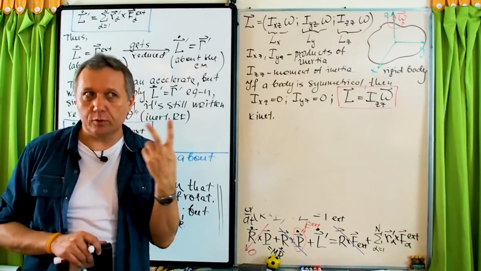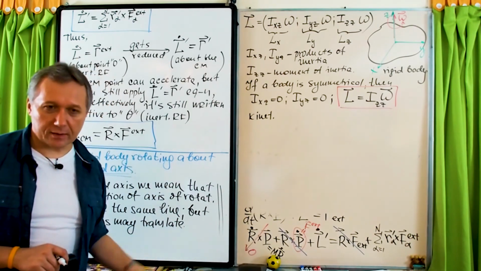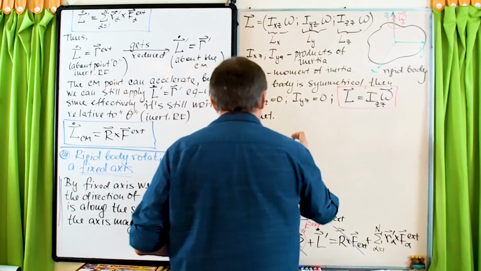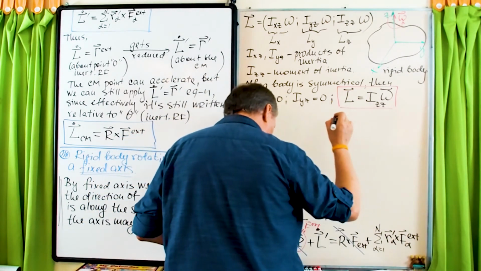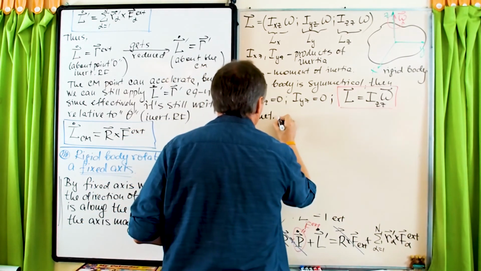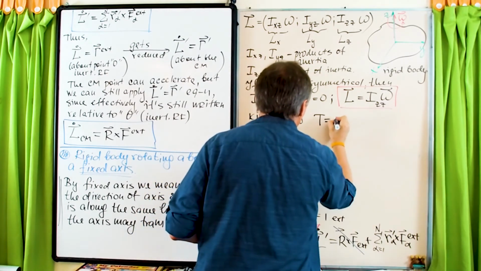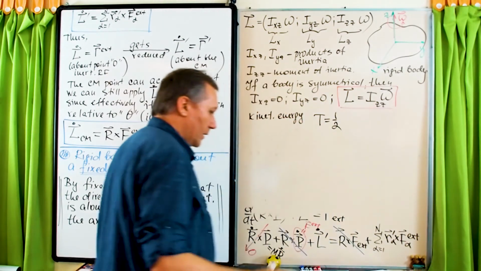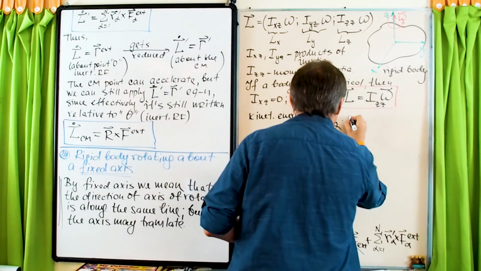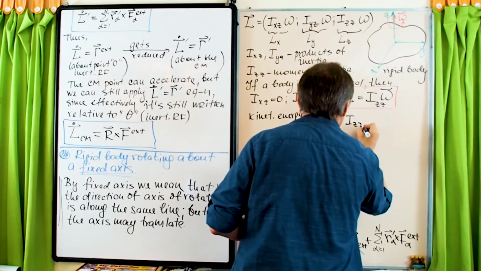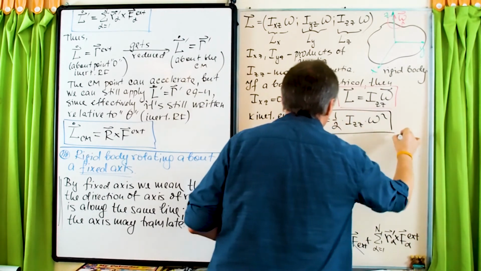So now we just need to look at a couple of examples, and that's it. And then I will explain why we need the energy approach. So kinetic energy T will be equal to 1/2 Izz omega squared. For the symmetrical case, 1/2 I_zz omega squared. Okay, I will frame it this way.